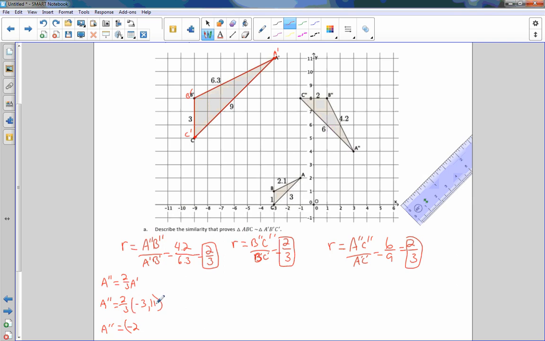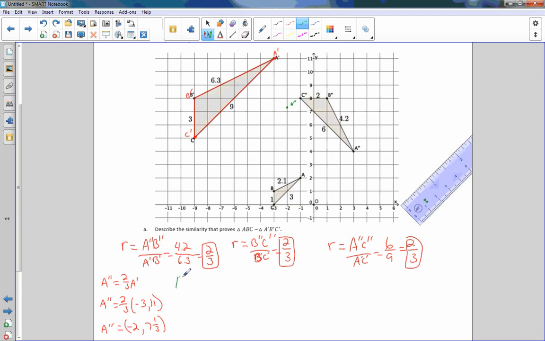And 2/3 of 11 is 22 divided by 3, which is 7 with a remainder of 1. So I'm at (-2, 7 1/3), which is about here. That will be my A double prime. Let me use a different color. Again, I go -2, up to 7, and then about 1/3 is right here. A double prime.